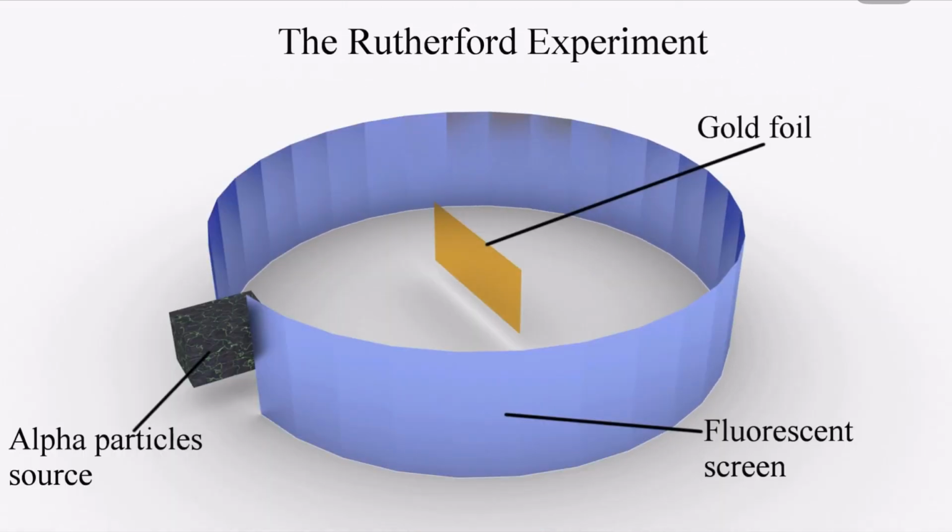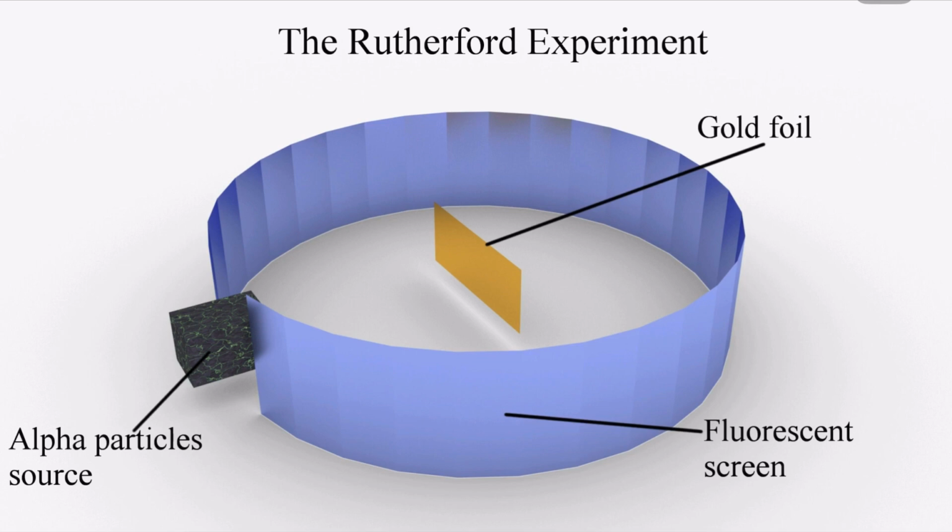Right here we have the source. This is the alpha particle source, which means that we have a radioactive substance which is emitting alpha particles. Right around it we've got this fluorescent screen, and then we've got a very thin gold foil. The purpose of this screen is to show exactly where the alpha particles are going to hit.